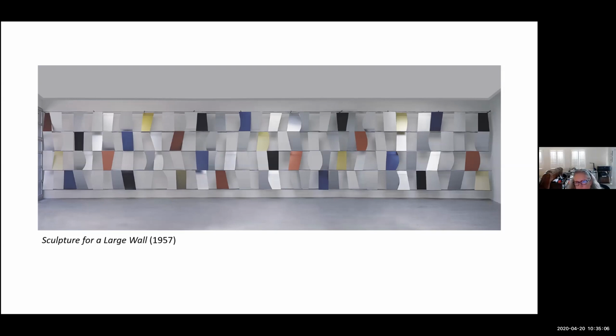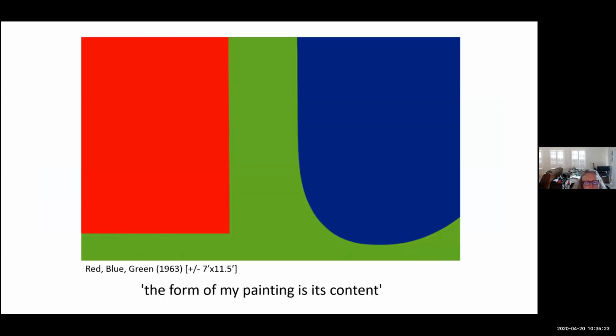We have these interesting 3D angles, and we have reflection. I assume that if you're standing in front of this, you would be reflected in different ways in each of these panels. And again, this work actually belongs to our Museum of Contemporary Art here in San Diego.